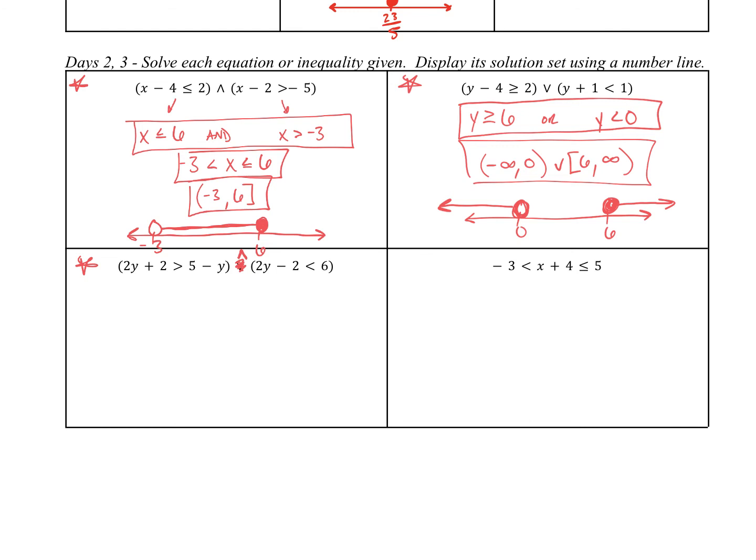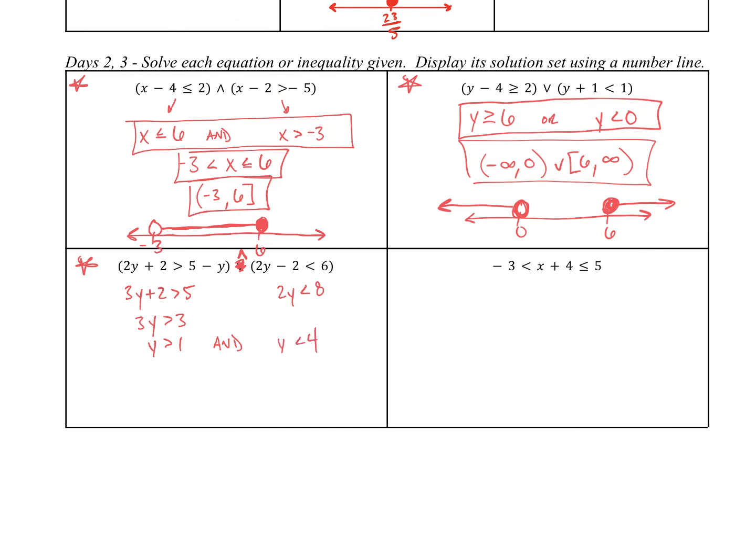Okay, so I'm going to solve the inequality on the left first. I'm going to add y to both sides. And then I'll go ahead and subtract 2. And then I'll divide by 3. So y is greater than 1. And I'll add 2 to both sides and divide by 2.